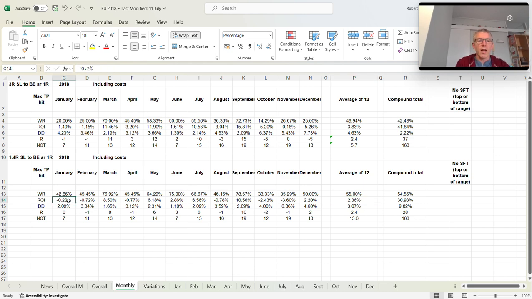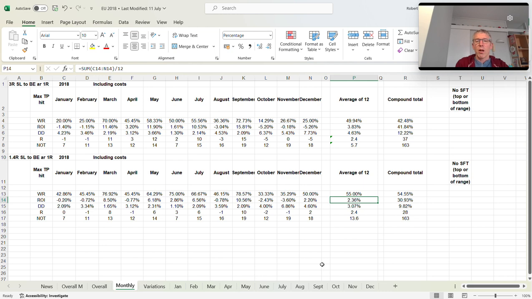But looking through the data, you can see in January I made a slight loss, February slight loss, March smashed it out of the park with a huge win, April slight loss, win, win, win, slight loss, win, loss, loss, small win in December, which gives me around an average of 2.3% a month.